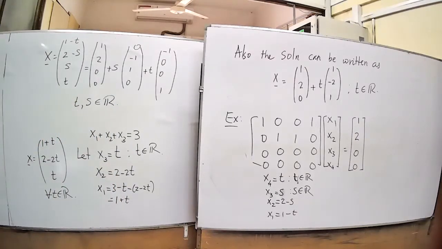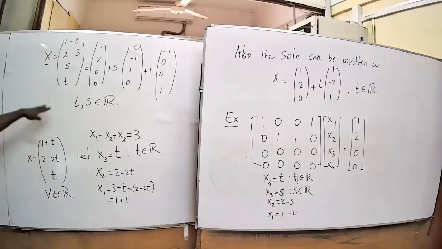So you can write infinitely many solutions with two different variables as well, with arbitrary parameters. These s and t are called parameters, so you can write it in that way also. So this is another example for infinitely many solutions.